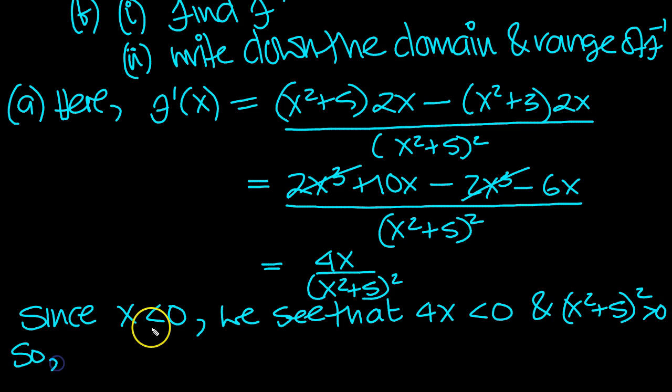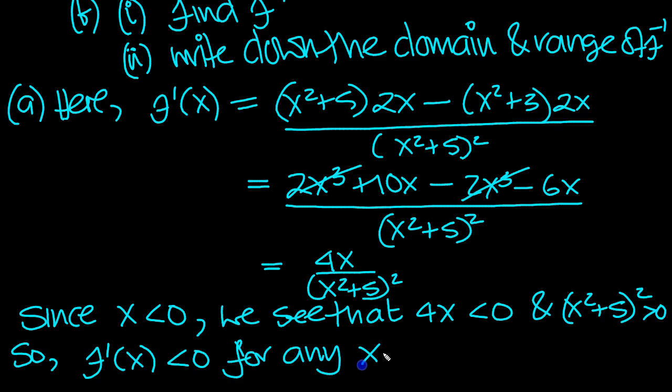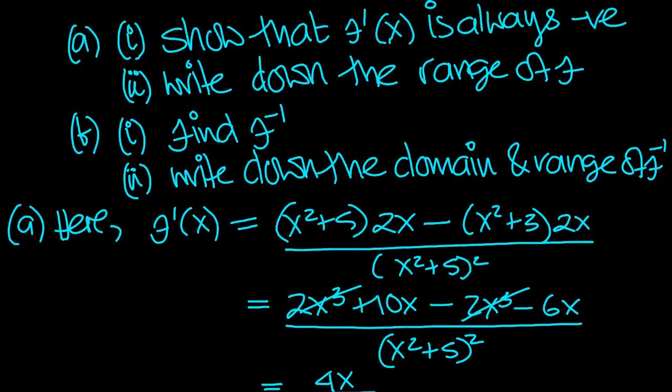So negative over positive is negative. f dashed x is less than 0 for any x that's negative. So f dashed x is always negative then.